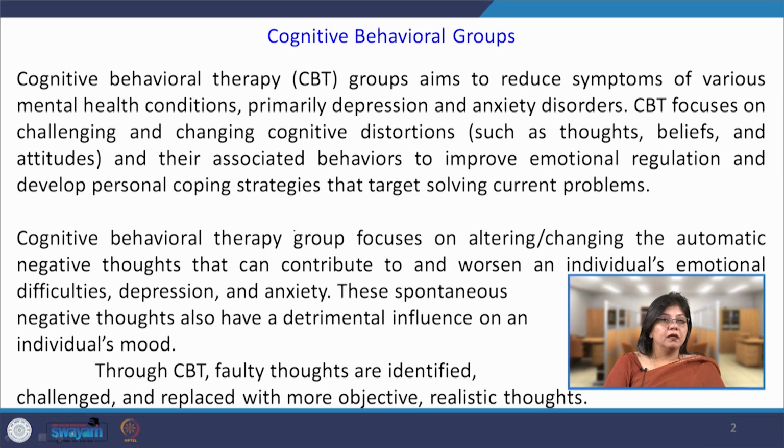This is the therapy which can be used at individual and group level, and the major focus of this therapy is to reduce symptoms of various mental health conditions including depression and anxiety. Now, how do depression and anxiety occur within an individual?